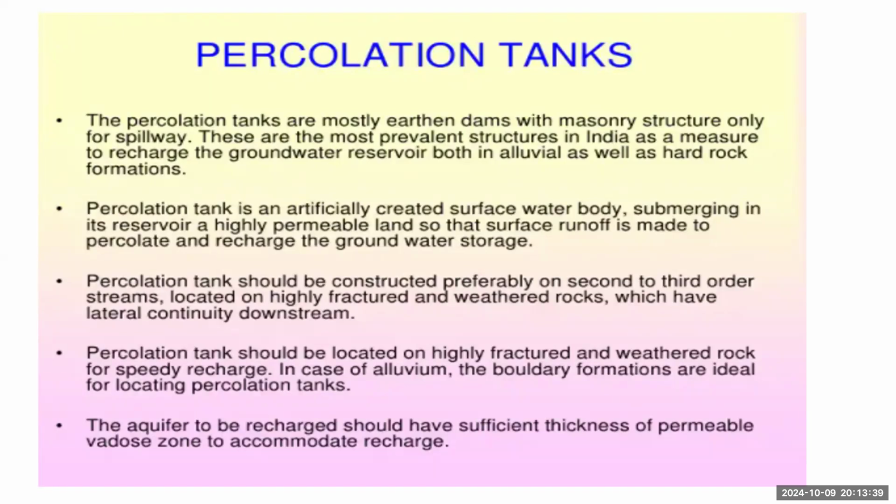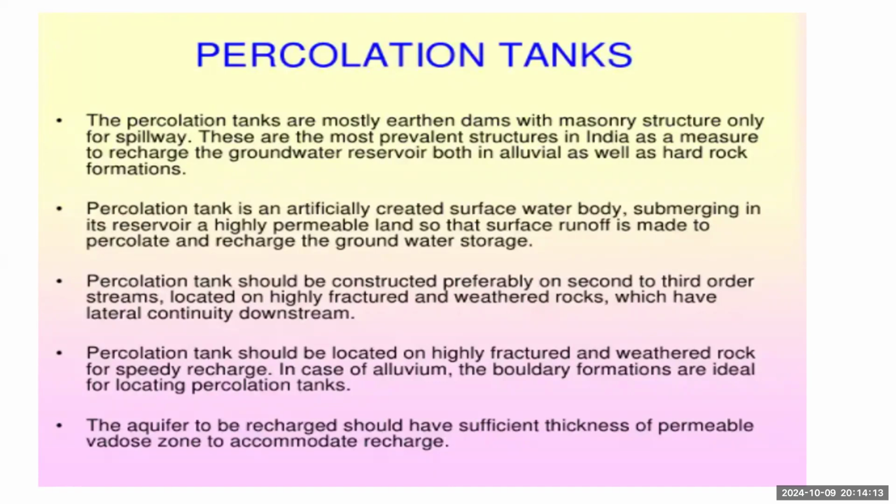These percolation tanks are constructed on second or third order streams, and they are generally constructed at the feet of the hills, means at higher elevation. The water is stored in a percolation tank and allowed to percolate into the earth crust.